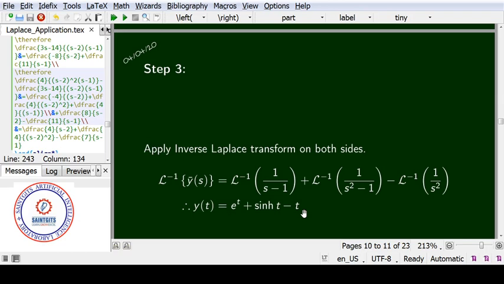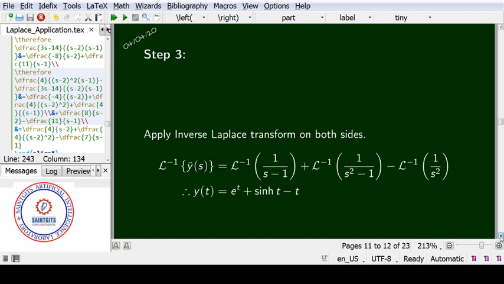The last step, we simplify the right hand side, then apply L inverse on both sides. So the left side is y of t, that is our required solution, and the right side automatically gives a function in t. That is the idea of solving an ODE, or more precisely an initial value problem, using the Laplace transform.